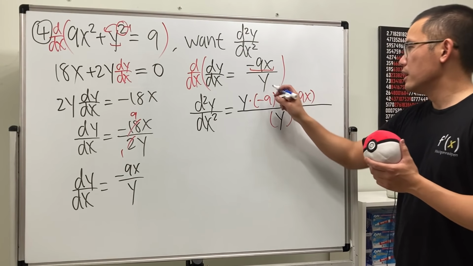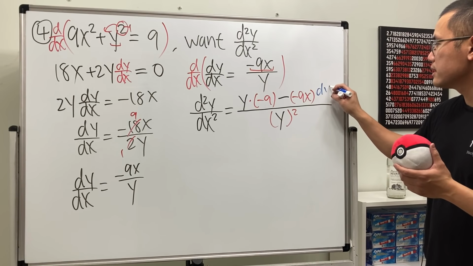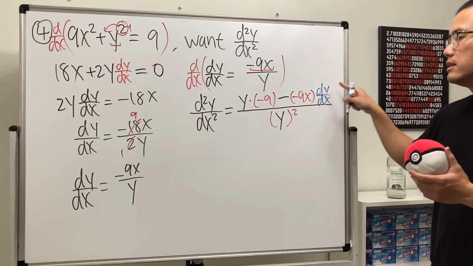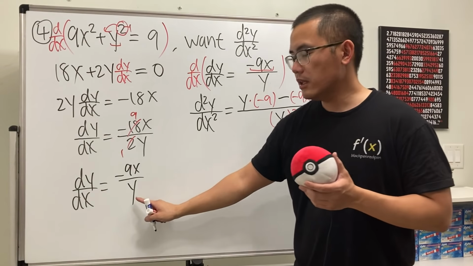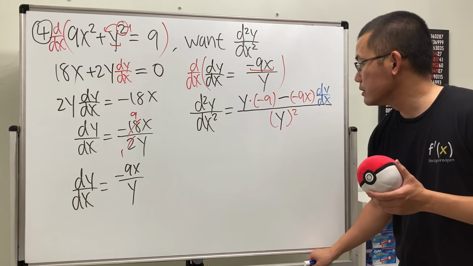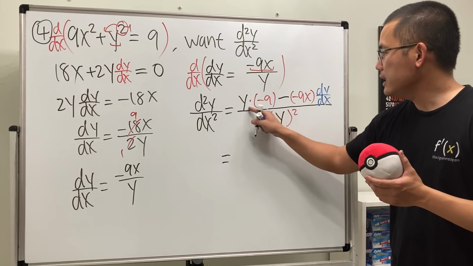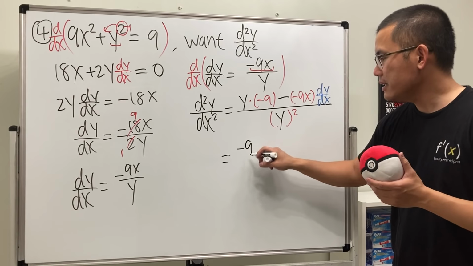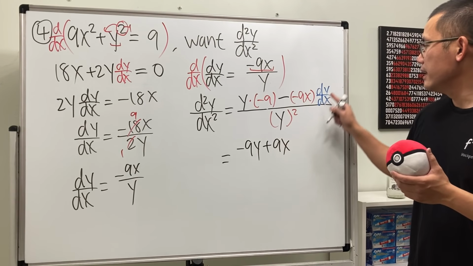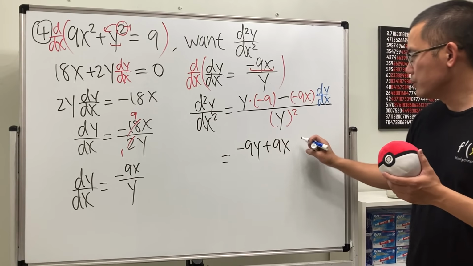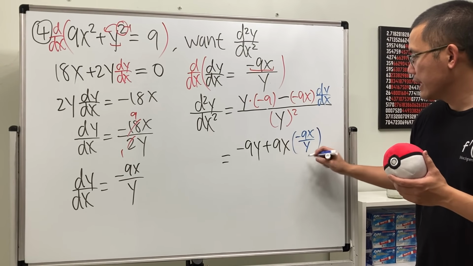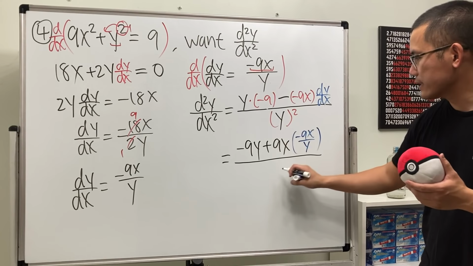The derivative of y with respect to x is dy dx, and we found that earlier. So in fact, this becomes negative 9y, plus 9x times dy dx, which is negative 9x over y, and then all over y squared.